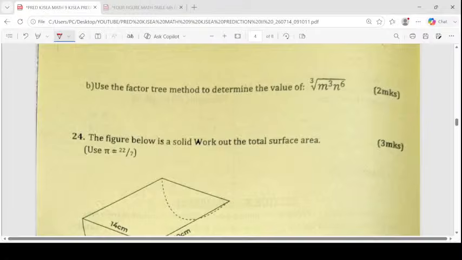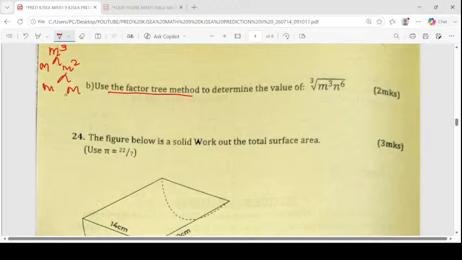They are very specific using the tree method. So when I have m cubed, when I divide this, m goes there how many times? M squared times.